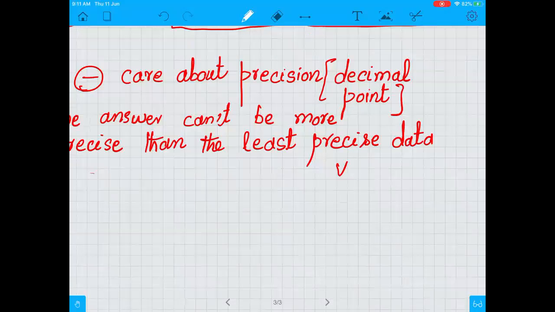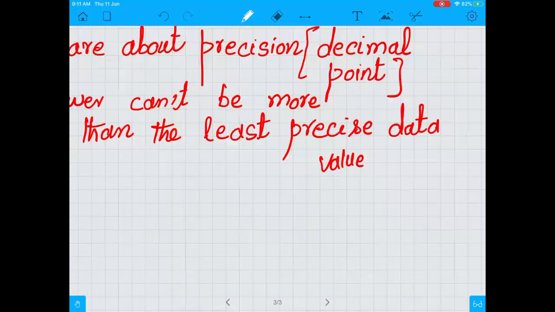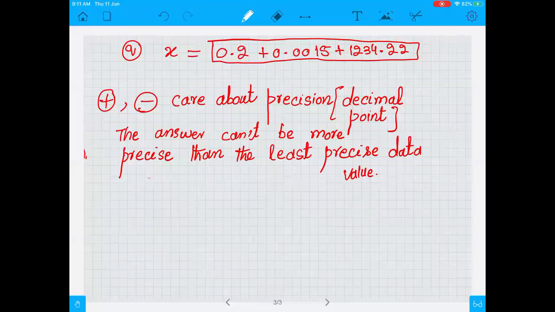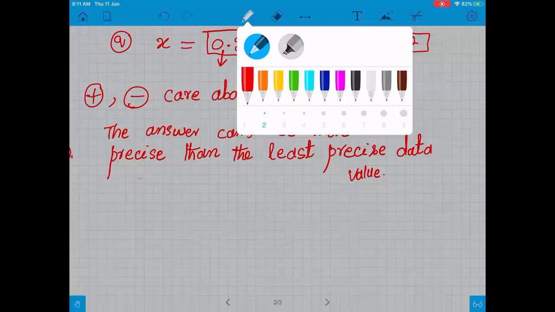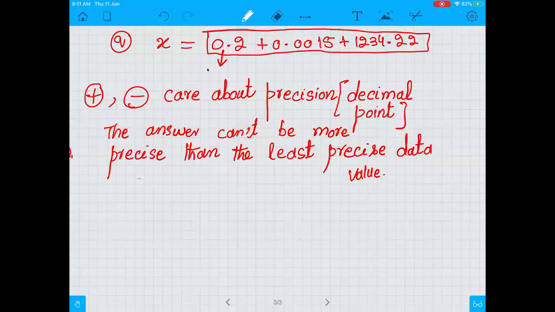So here precision is about decimals. Here you see 0.2 has only one decimal. 0.0015 has four decimal places, and this number has two decimal places.